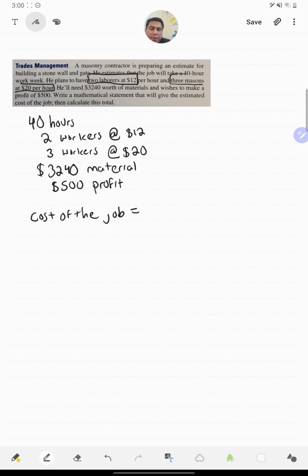So we know that it's going to be a 40-hour job. And we know that for each of these workers, they're going to be paid first $12. So we got two of them who are getting paid $12 and who are working a total of 40 hours. Then we know that there's another three workers and they're each getting paid $20, and once again they're working 40 hours.